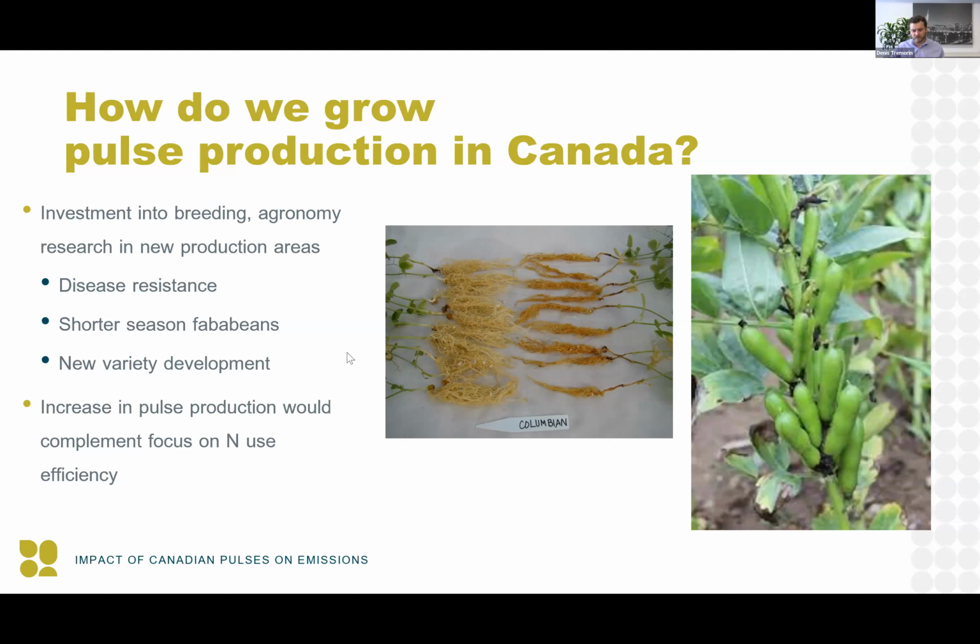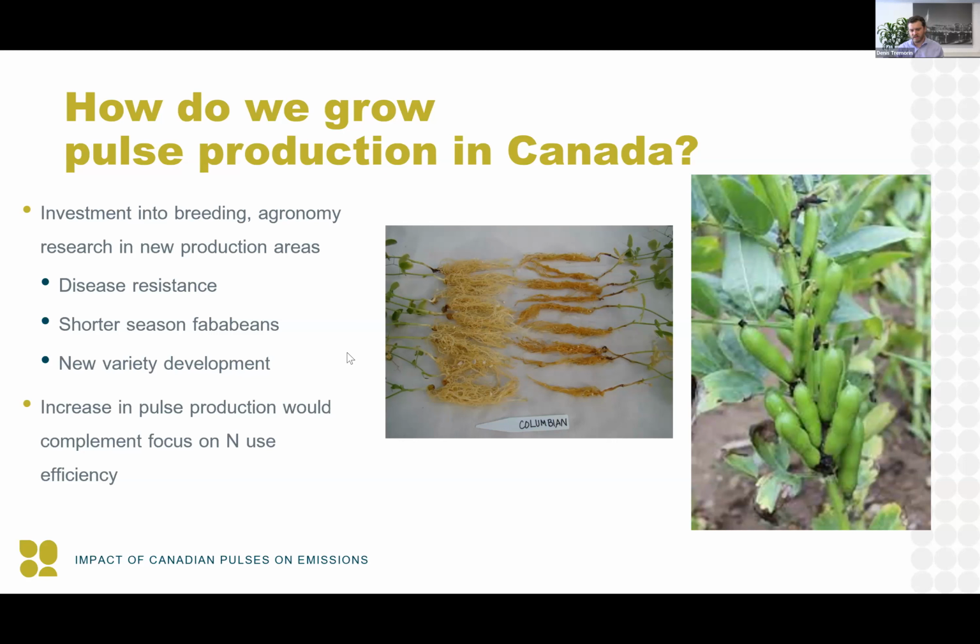The other big focus of ours is in our grower associations. We see a lot of potential for faba bean. Faba bean likes a wetter climate than peas and lentils. They don't have the same root disease issues that we see. But because the wetter regions of the prairies tend to be further north, especially in Saskatchewan and Alberta, those areas are prone to early frost.